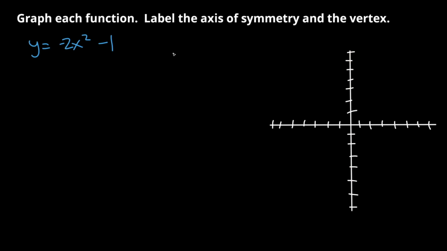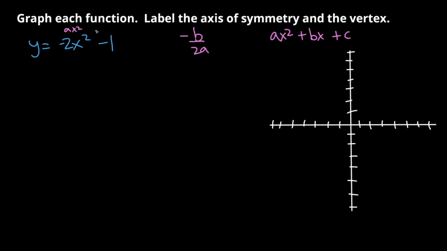For this one, we have y equals -2x squared minus 1. We want to label the axis of symmetry, so that's -b over 2a. There is no b term, because the b term is the one with the x. Since there is no x in there, this is ax squared.